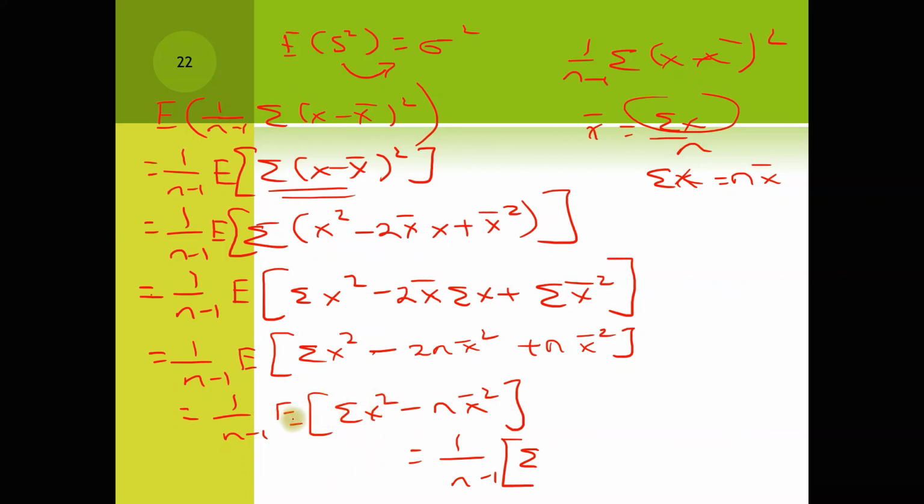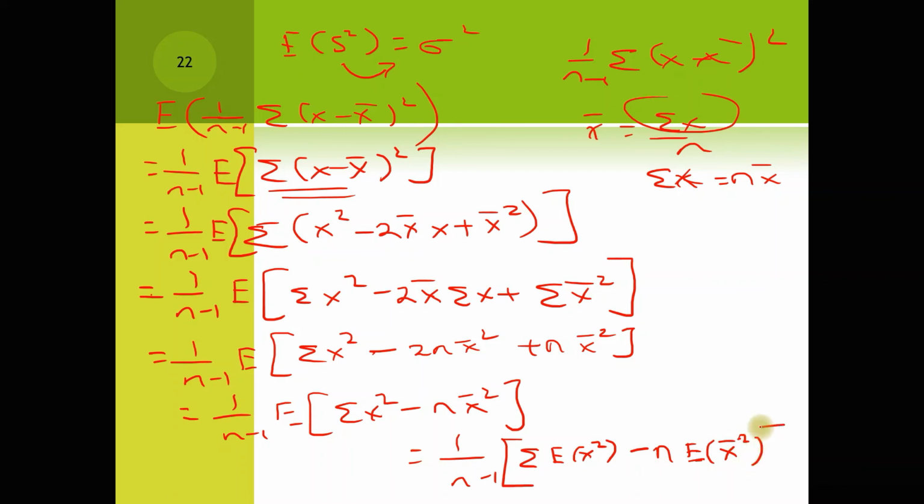First of all, you have the expectation of the sum of x squared, which in the end becomes the sum of the expected value of x squared minus the expected value of n x bar squared, which becomes n, a constant, and then expected value of x bar squared.